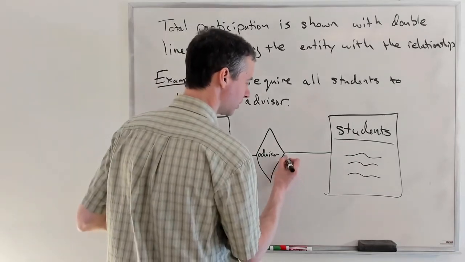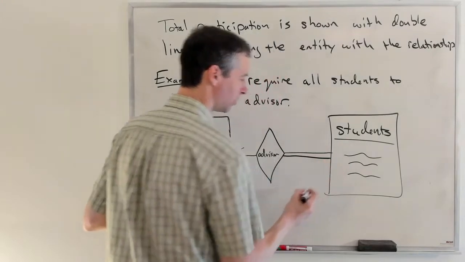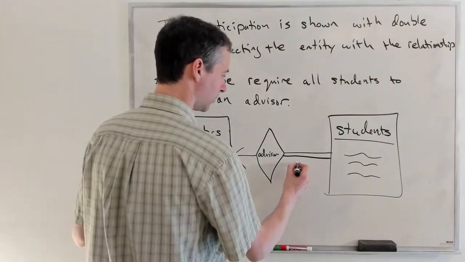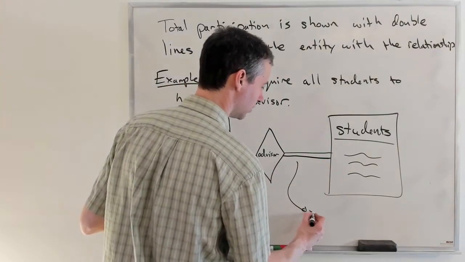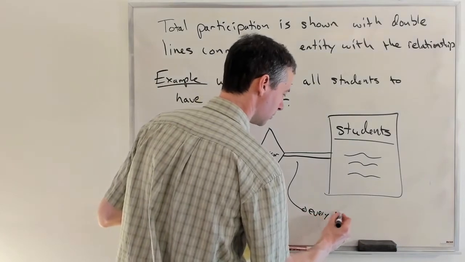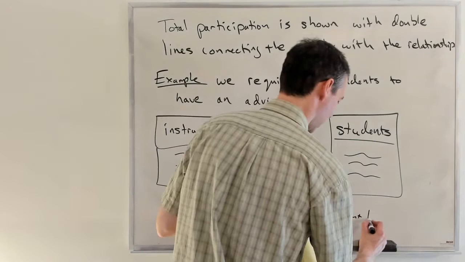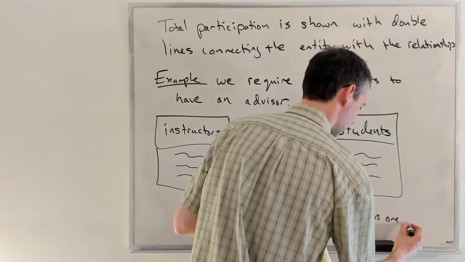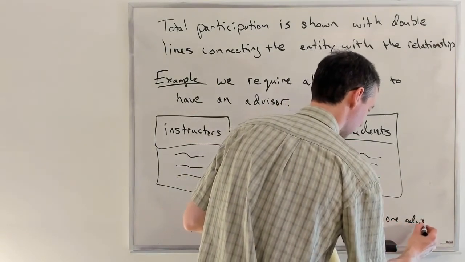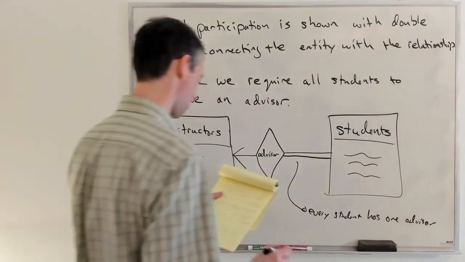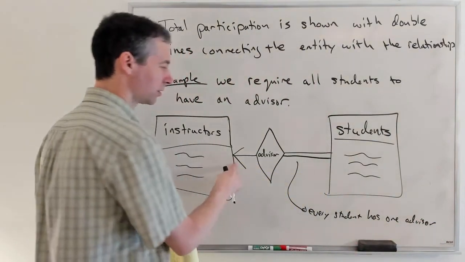And so we make this a double line. All right, so this is where we did the whole every student has one advisor. It's this part.